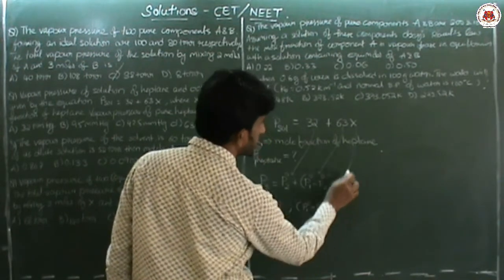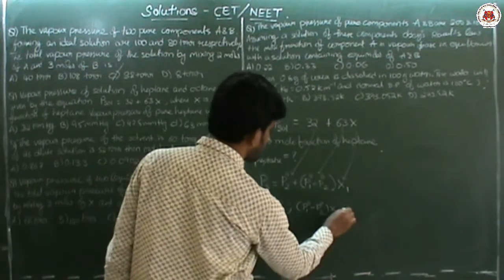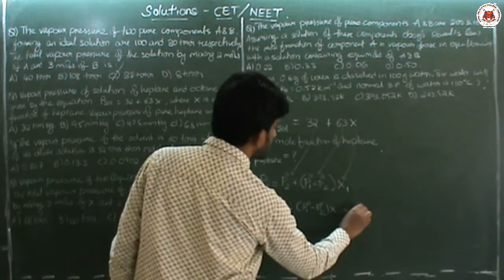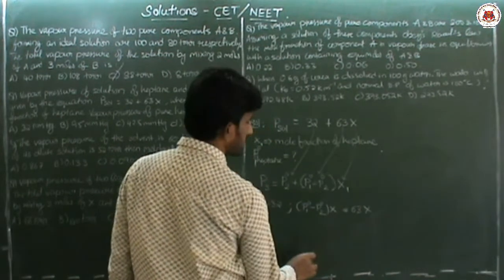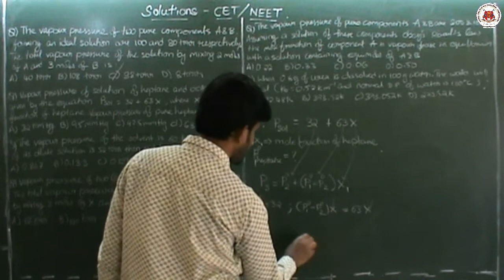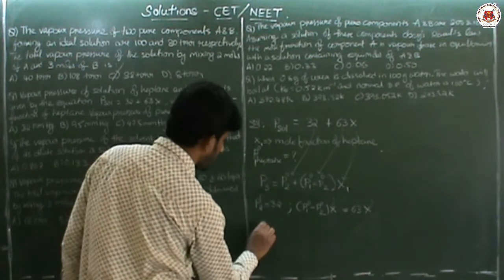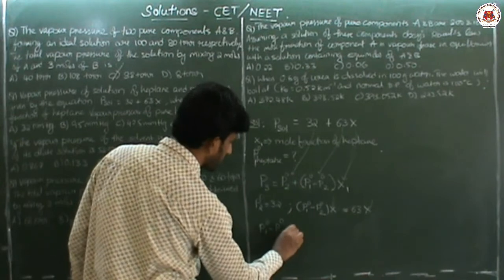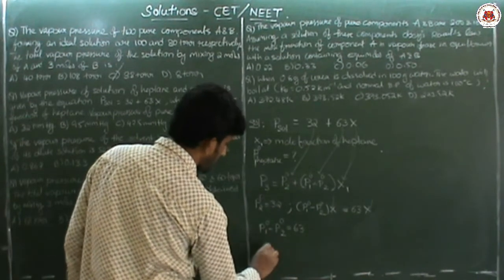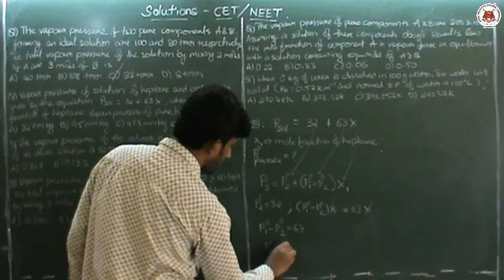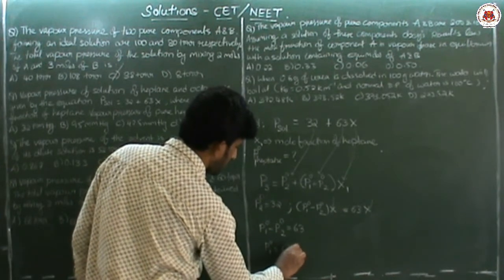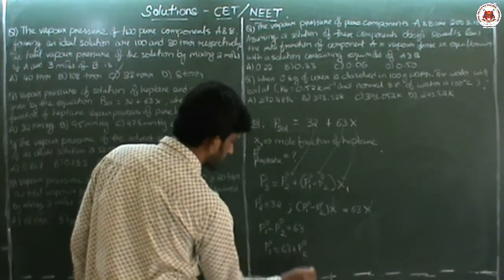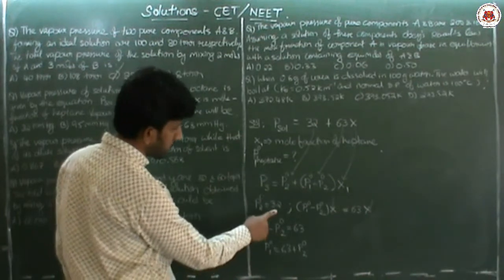This x is nothing but the heptane mole fraction, which is equal to 63x. So x cancels, and I can write from here P01 minus P02 is equal to 63, or P01 is equal to 63 plus P02. Then what is P02? 32.